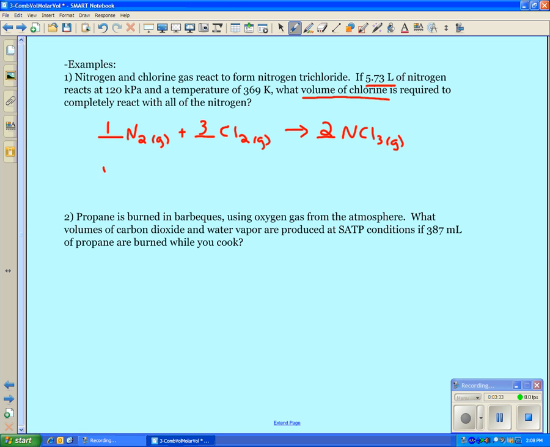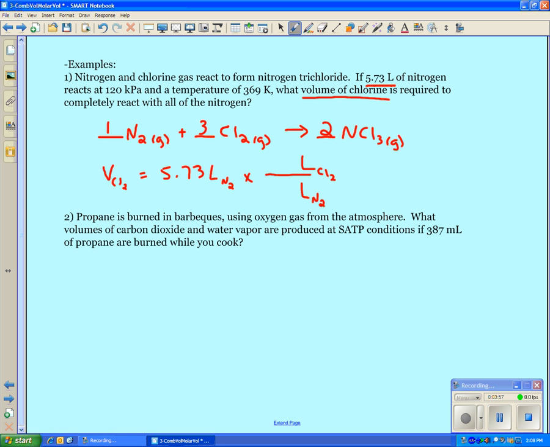So now to calculate the volume of chlorine, Cl2, we're going to start with the 5.73 liters of nitrogen and multiply by our ratio of nitrogen and chlorine. So we want to cancel liters of nitrogen, and we want to end up with liters of chlorine.